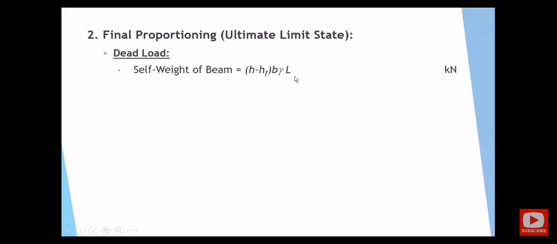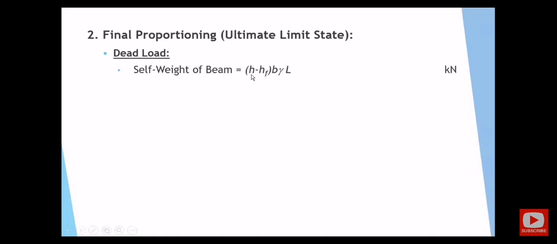Okay, what are these values? It will be the cross section of the beam. We need to get the volume multiplied by density, by the total length of the beam to get it as a kilonewton. So the cross section will be H minus HF, because this HF is the thickness of the slab. It is already considered in the slab, no need to repeat it.